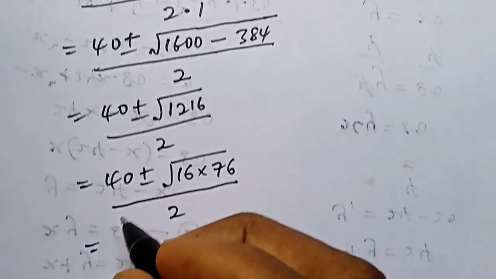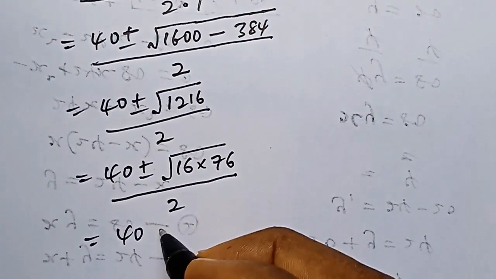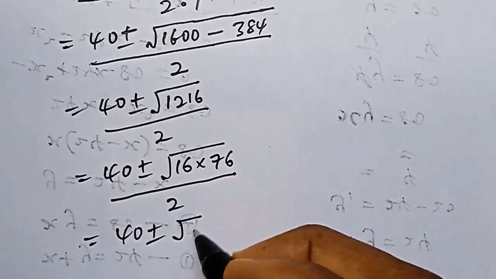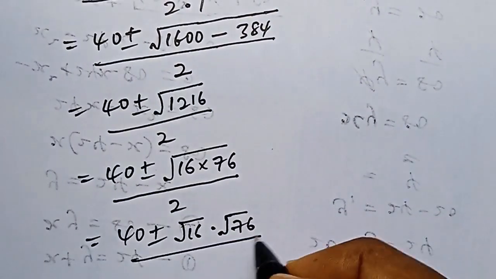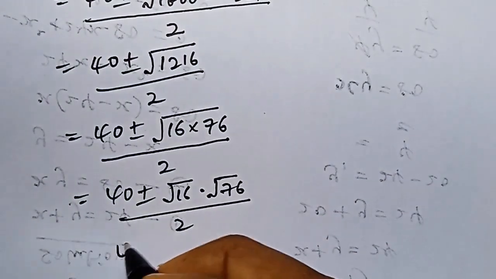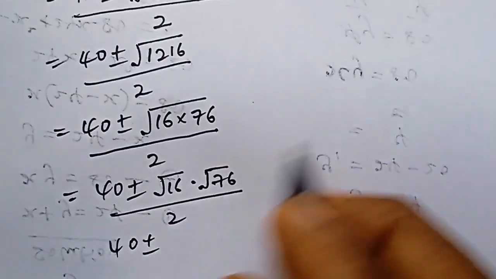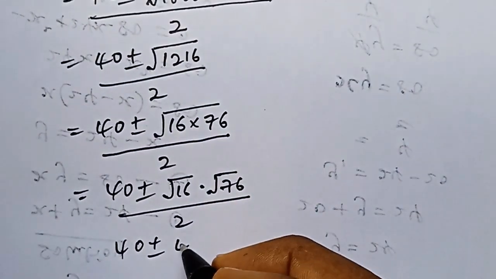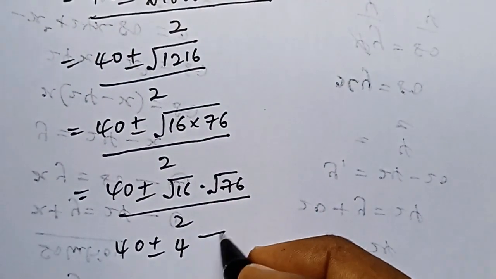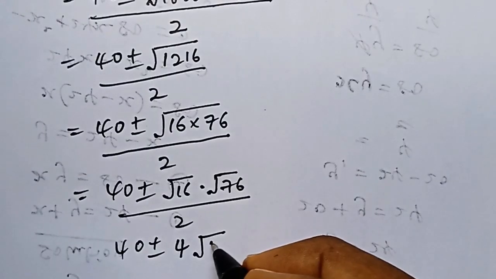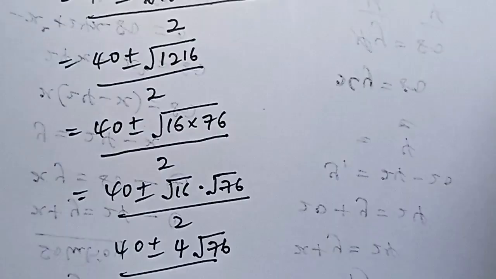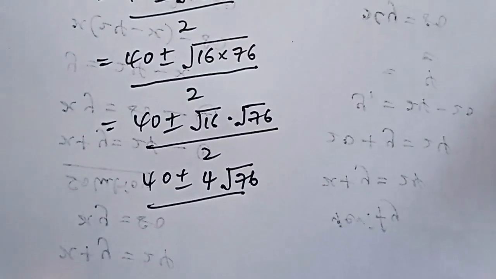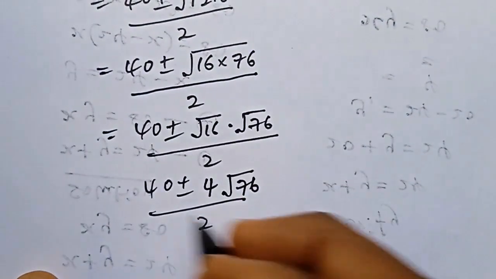And that gives us 40 plus or minus the square root of 16 multiplied by the square root of 76, over 2. So 40 plus or minus the square root of 16, we have 4, then the square root of 76, all over 2.